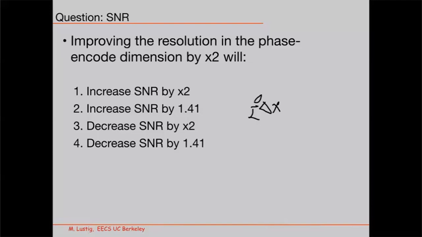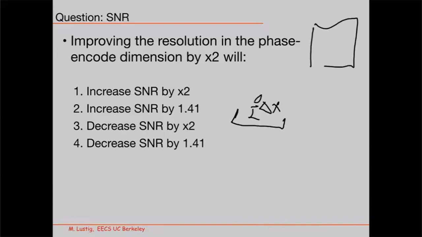Okay, fine. But then, improve the resolution by the number of phasing codes. So basically you lose half your SNR, right? But in order to meet the field of view, how many phasing codes do you now need to collect? If you keep the same field of view, you have to acquire double the phasing codes, right?